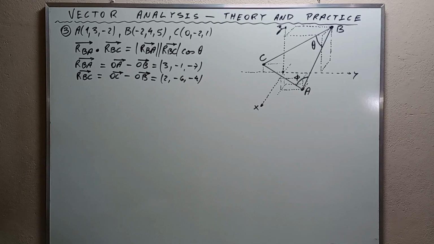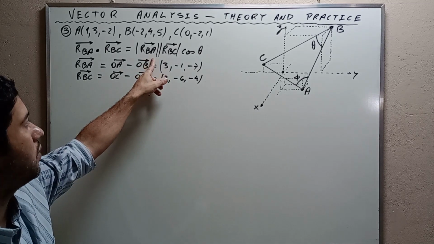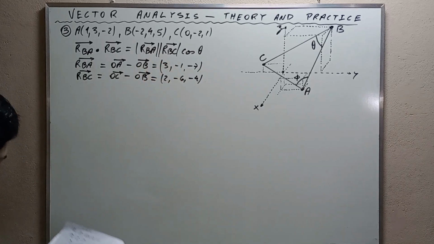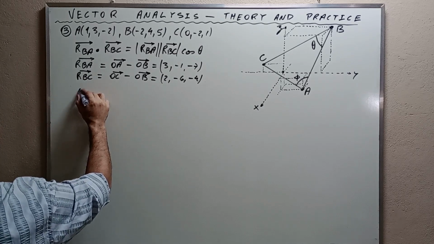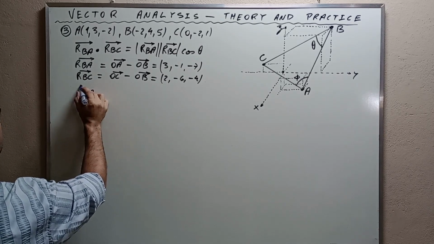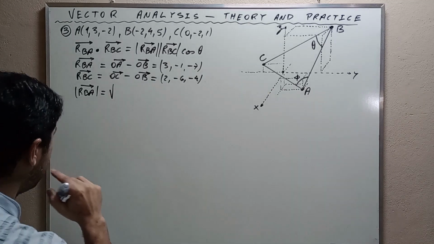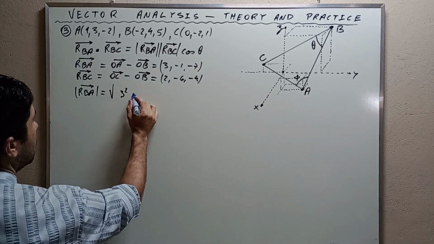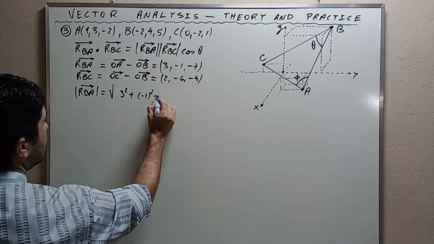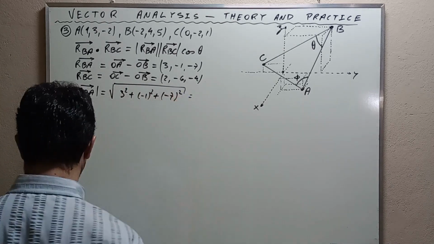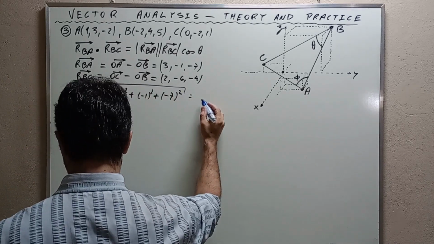Following a similar procedure, we shall now calculate the magnitudes of the vectors, the magnitude of R_BA and the magnitude of R_BC. The magnitude of R_BA is equal to the square root of 3 squared plus -1 squared plus -7 squared, and this is equal to the square root of 59.